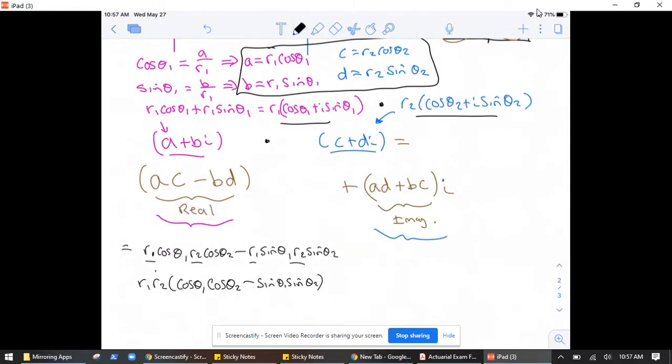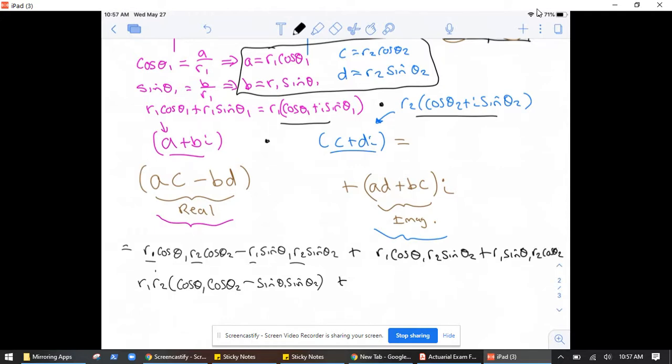Let's do the same thing over here for the imaginary part. So remember A again is R1 cosine of theta 1. D is R2 sine of theta 2, plus BC. B is R1 sine of theta 1, and C is R2 cosine of theta 2.